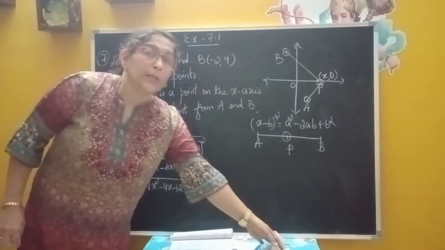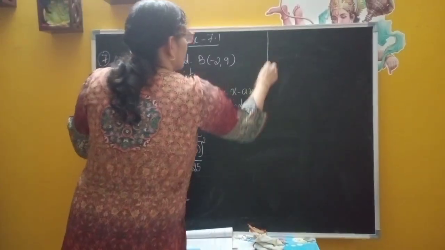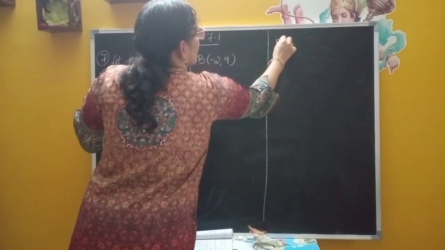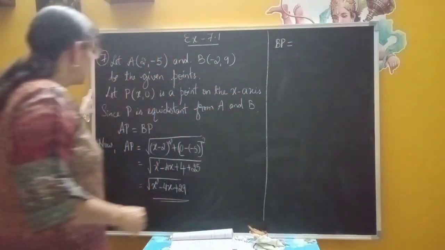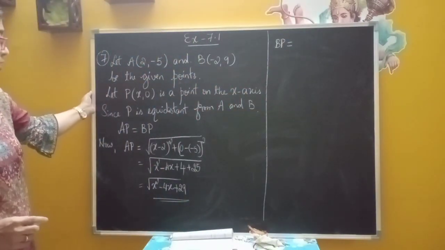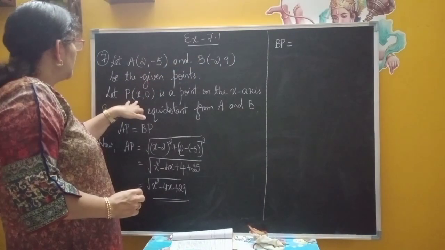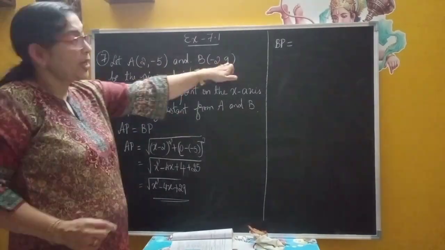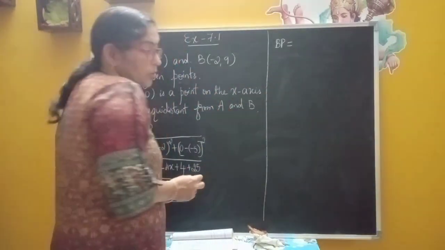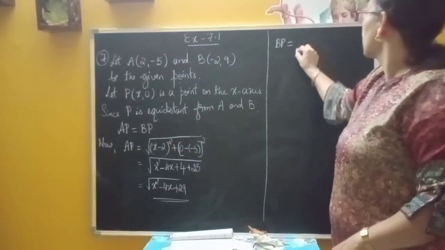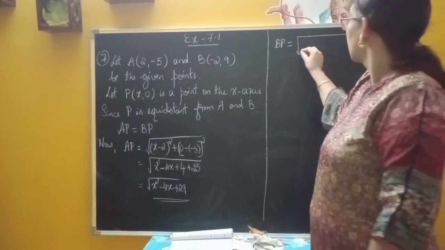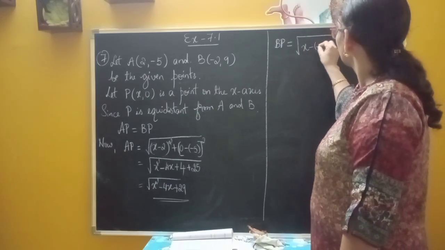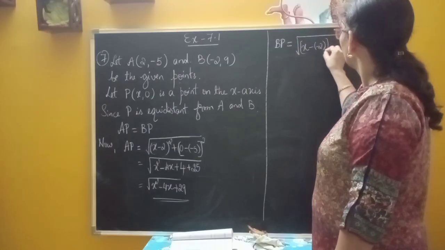Now let us find BP. Now BP is equal to, again use the same formula, distance formula, B and P. So x minus of minus 2 whole square plus 0 minus 9 whole square. So it is equal to x minus of minus 2, that is x plus 2.